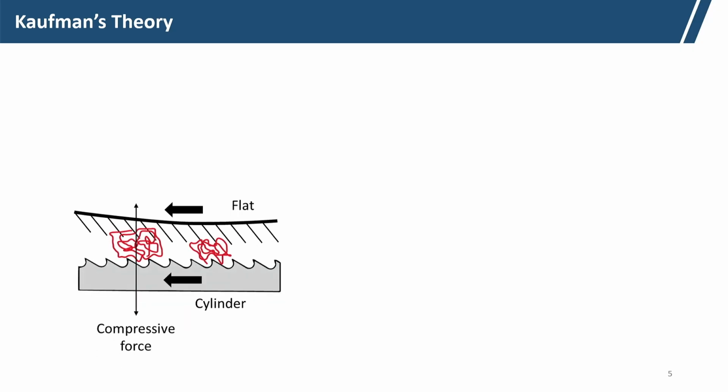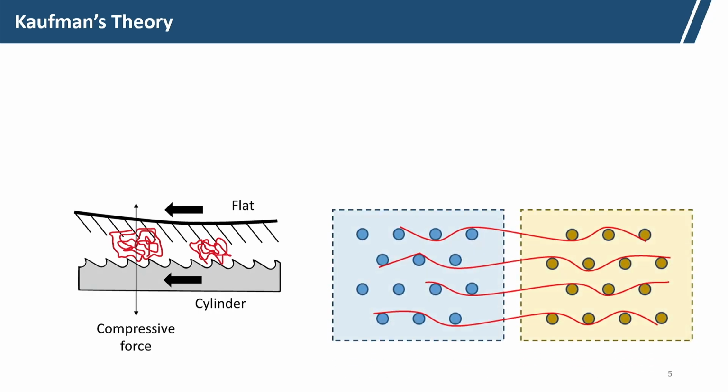According to Kaufman's theory, here we can see these are the pins, the wire points. This is the cylinder wire points, and the flat is normally a pin surface. Now, these are moving in the same direction, but the cylinder moves at a very high speed. So, there will be carding action.